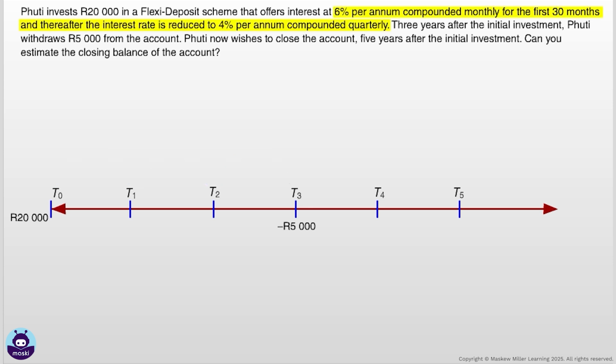Also, note that the interest rate changes after 30 months. So how do we show the months in this timeline, as each point only denotes a year? We simply convert the number of months into years. Since there are 12 months in a year, we simply divide 30 by 12. Number of years equals 30 over 12 equals 2,5 years. Remember that T3 denotes the end of the third year, and T2 denotes the end of the second year.